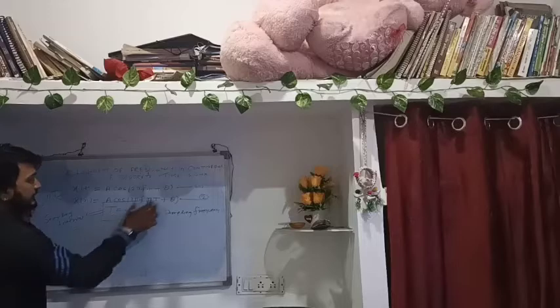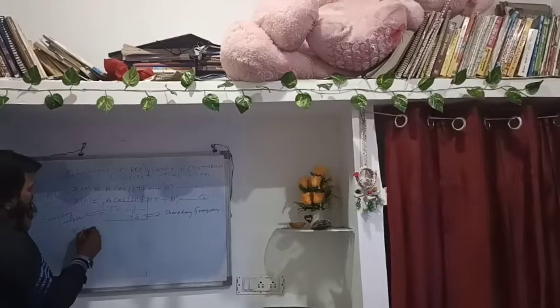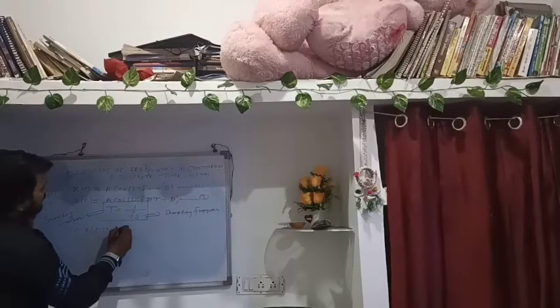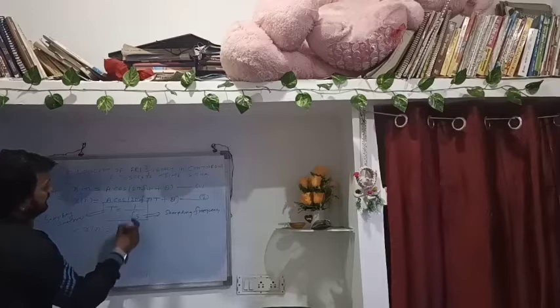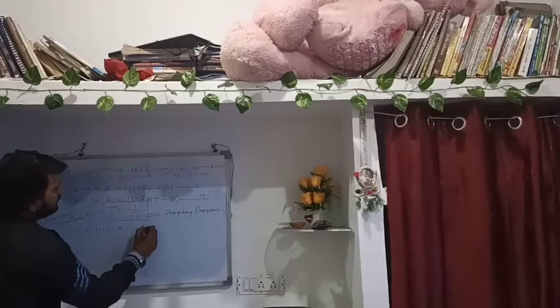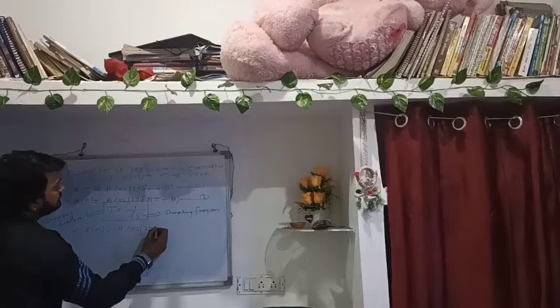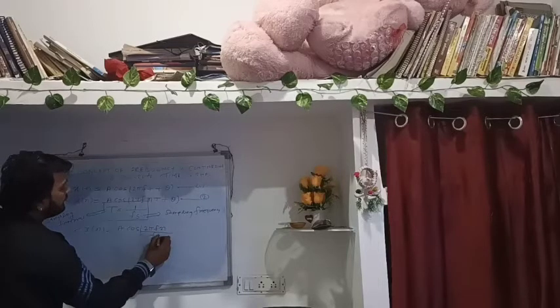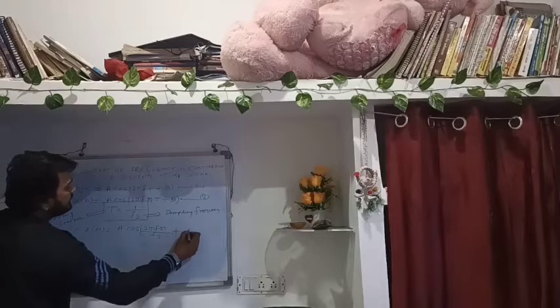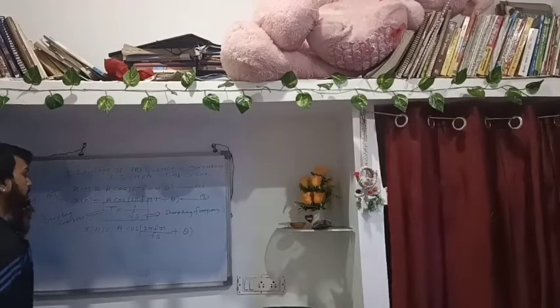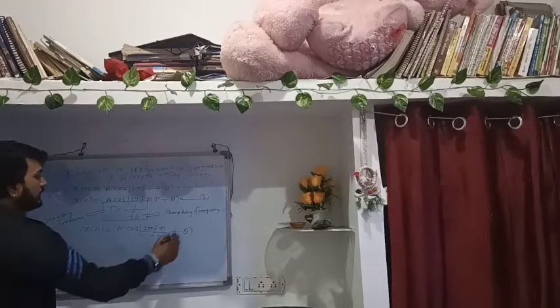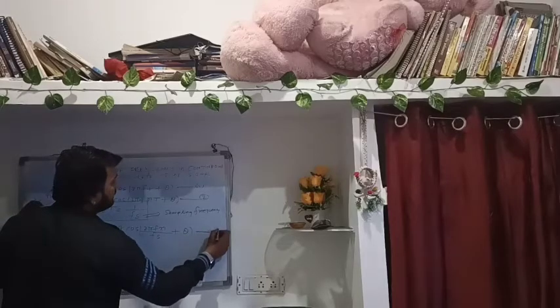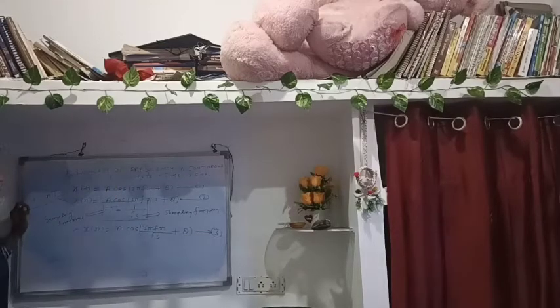Now we can write in equation 2, x(n) is equal to A cos(2 pi f n upon fs plus theta). So we can write that as equation 3.